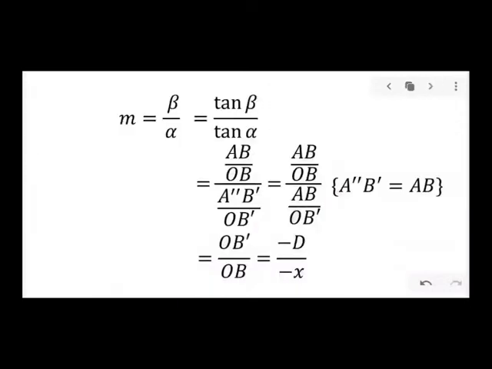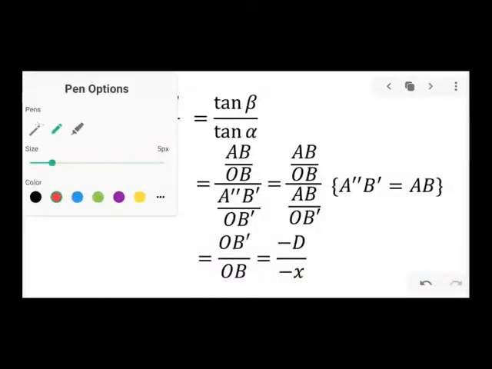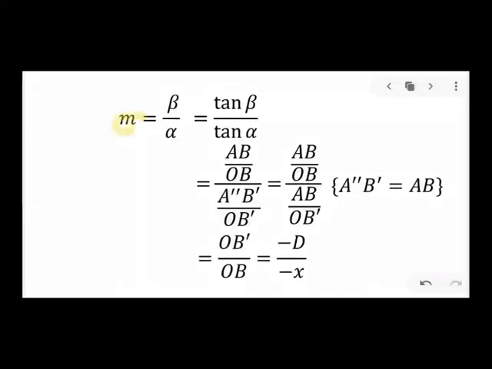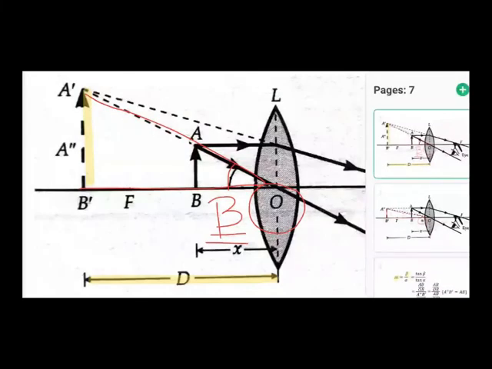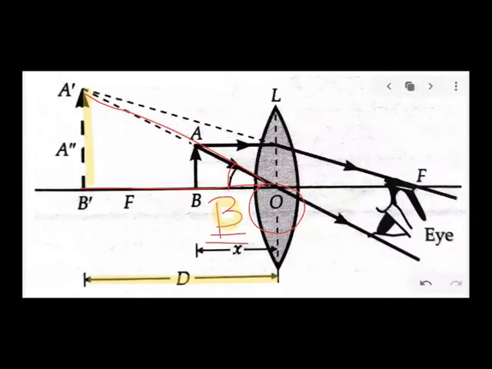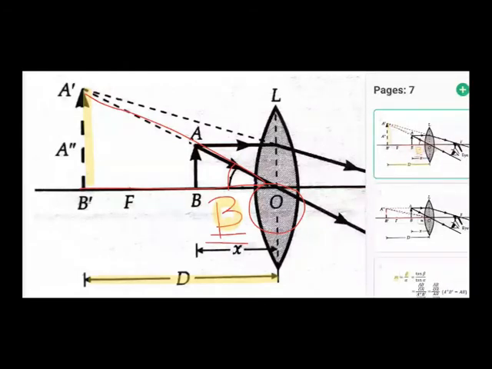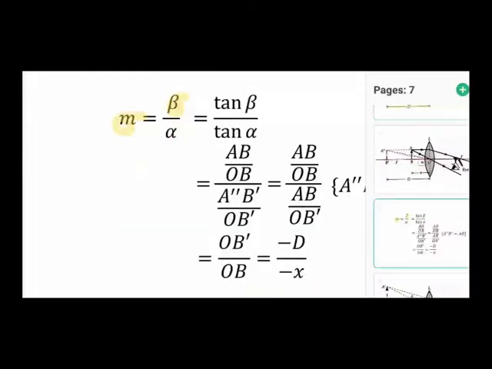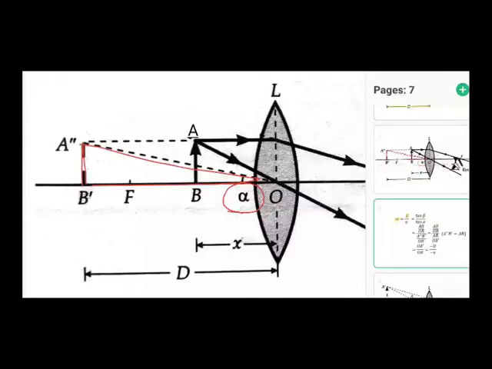Therefore, we know our magnifying power is the ratio of the angle subtended by the image at the least distance of distinct vision, which was beta, to the angle subtended by the object which is at the least distance of distinct vision.